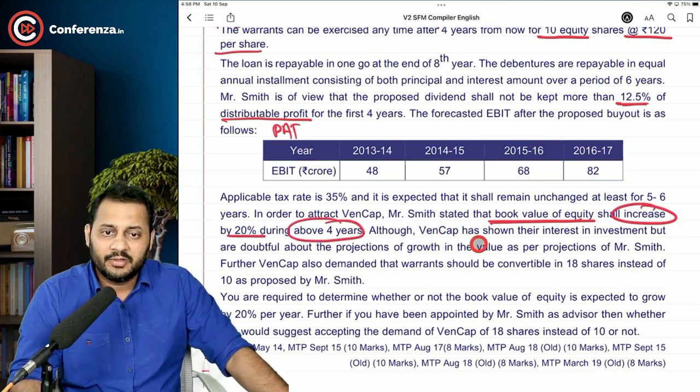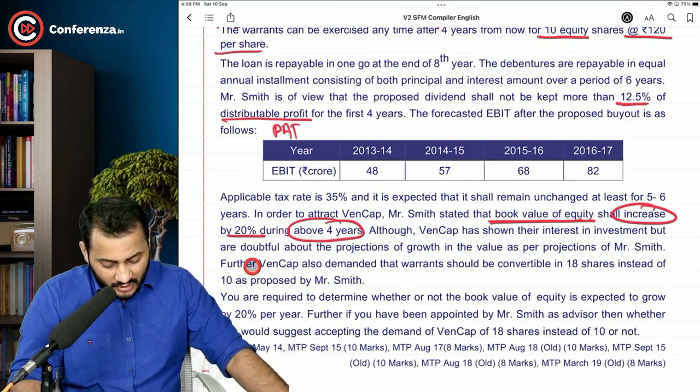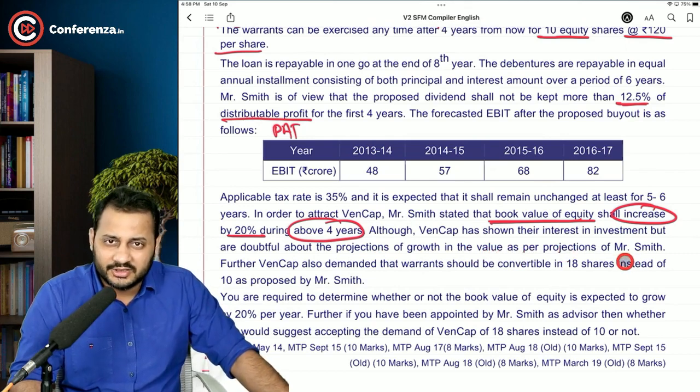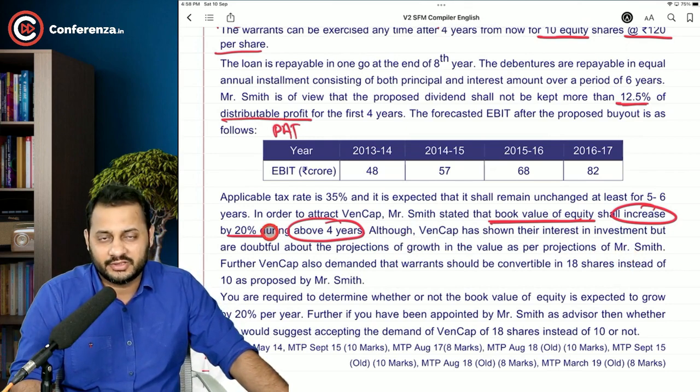Although venture capitalists have shown their interest in the investment, they are doubtful about the projections of growth in the value as per projections of Mr. Smith. They are interested in this business, but they are doubtful on this 20%. They don't know whether this company's book value of equity is really going to grow by 20% or not.